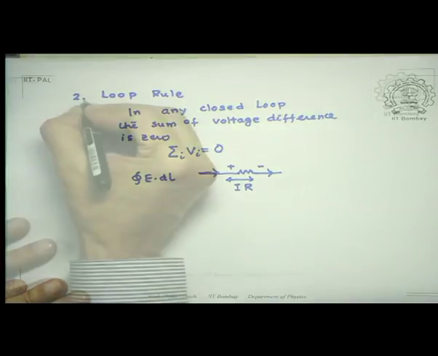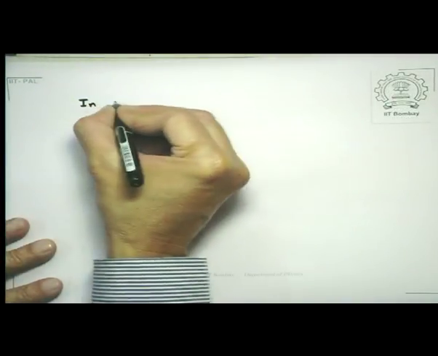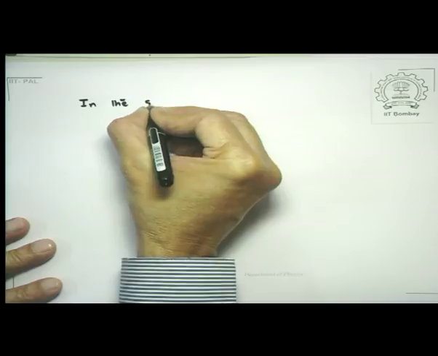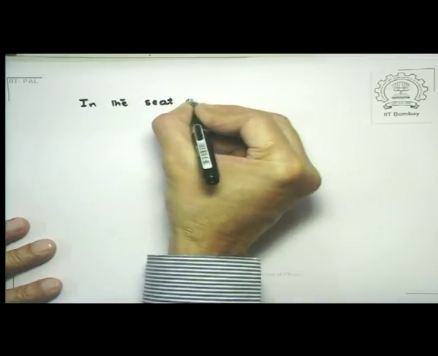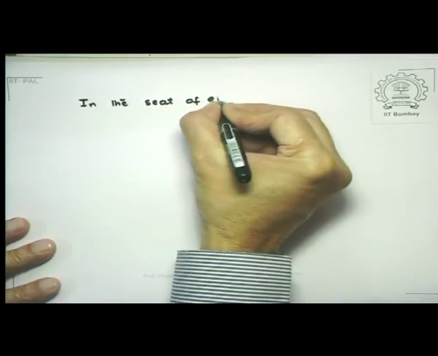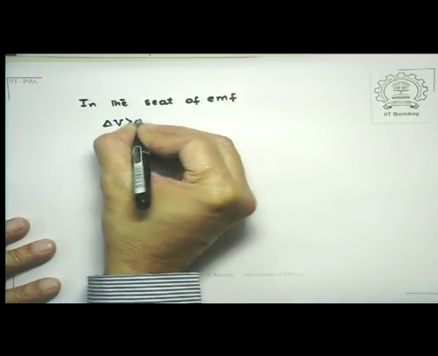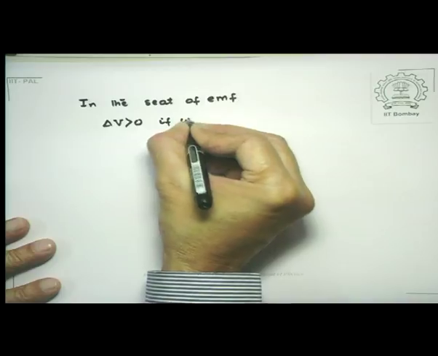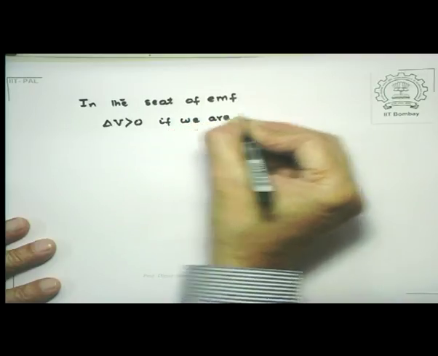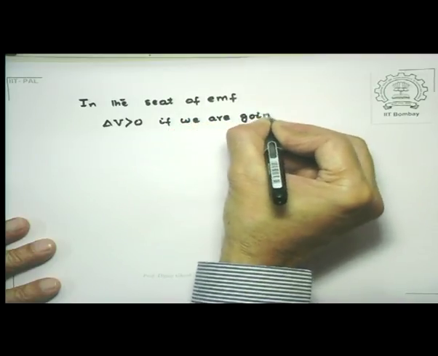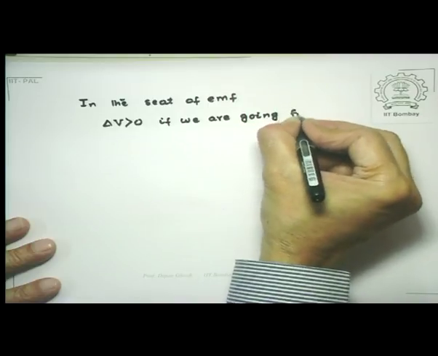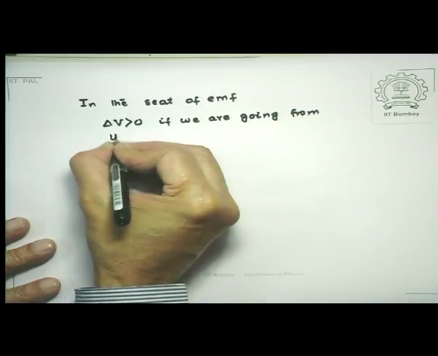Now in the seat of EMF, delta V is greater than 0 if we are going from the negative terminal to the positive.